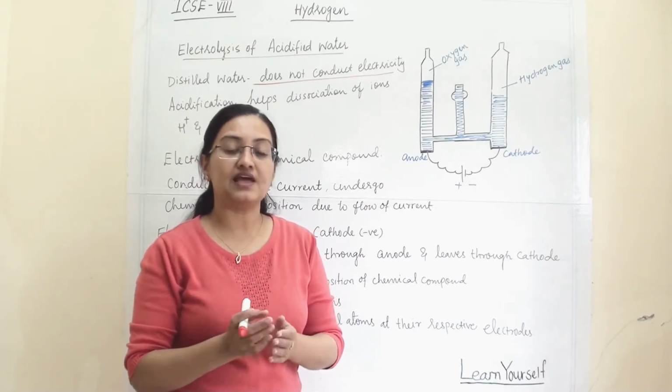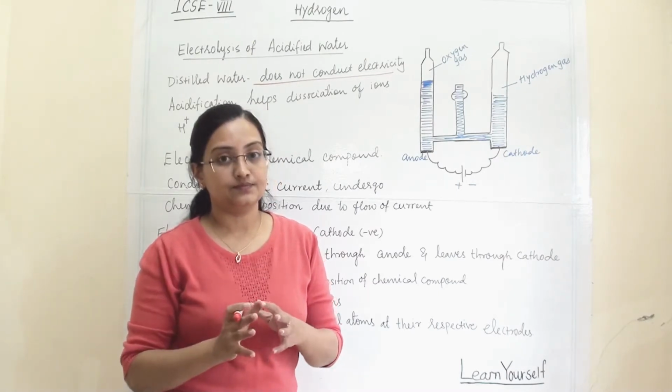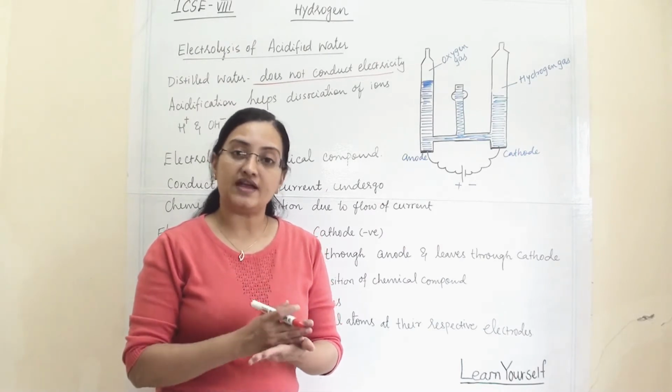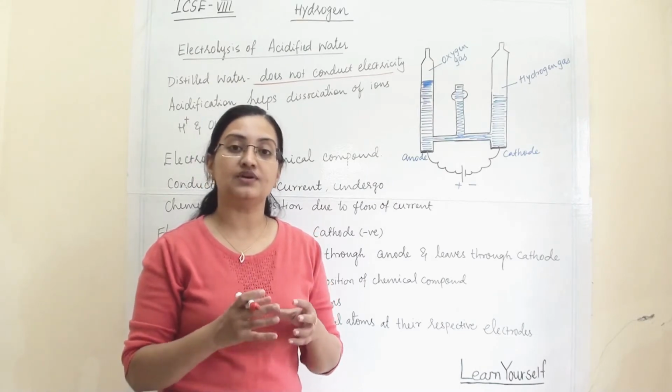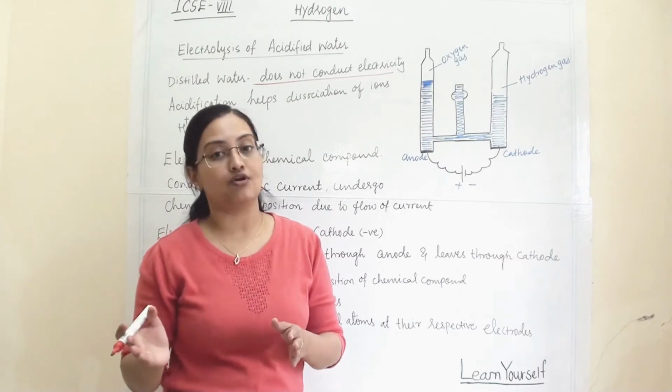So when we add a few drops of sulfuric acid, this acid will help dissociate water into H plus and OH minus ions. These ions help in the passage of electricity; they work as carriers of electricity.